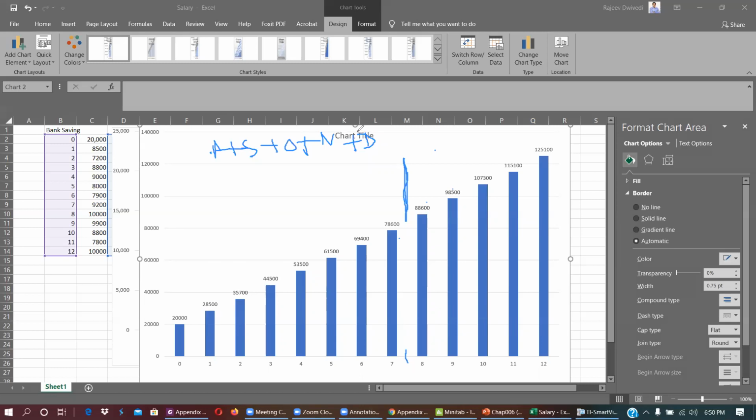If I do all these things, I can get the saving after July. But this is a multi-step process. It is very difficult. On the other hand, how can I do it? I know my total saving is 125,100. So this is my total saving. I know up to July, my saving is 78,600.